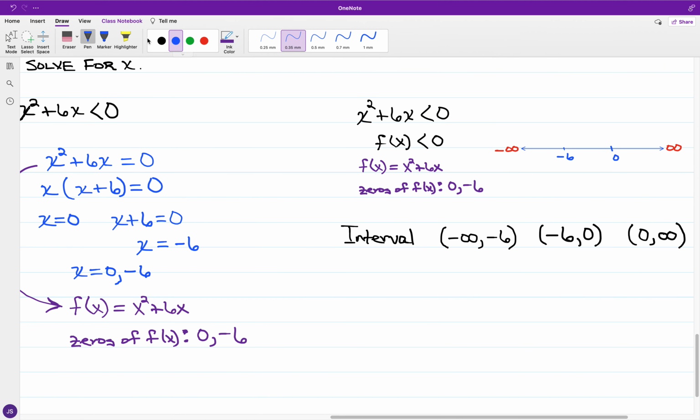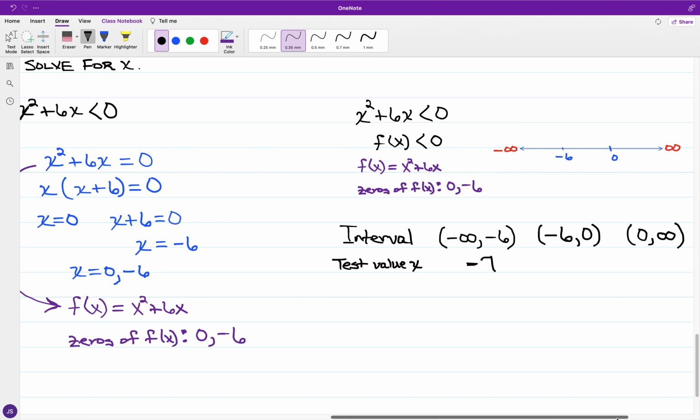And for test values, anything less than negative 6, just as long as it's less than negative 6, we'll go with negative 7.